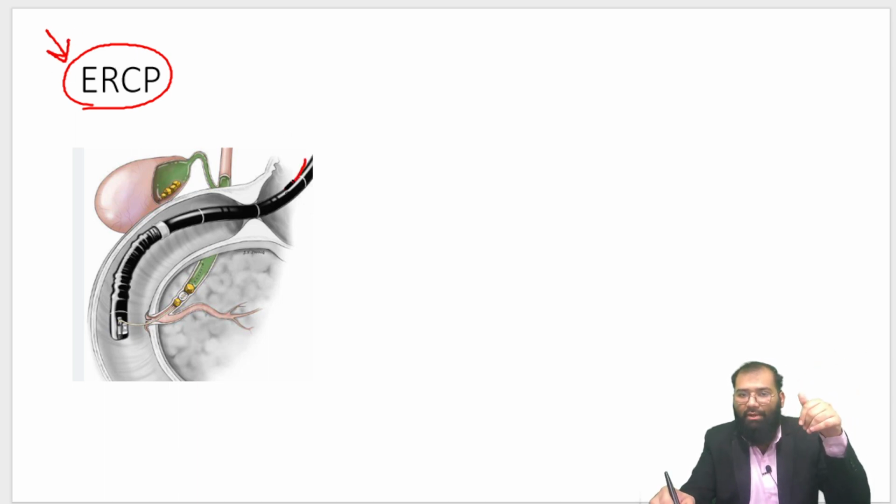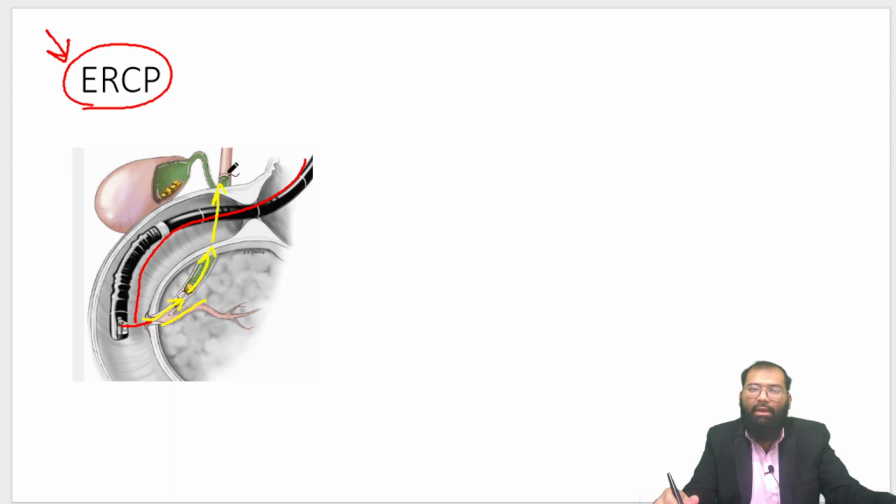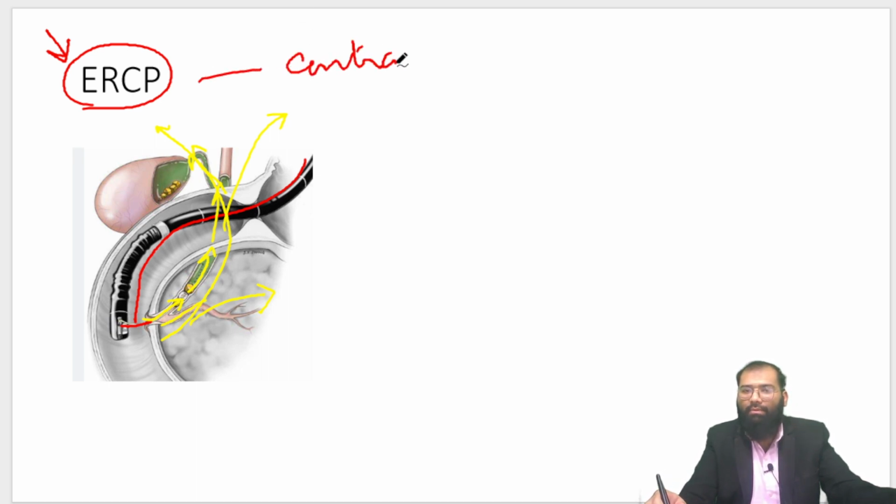So, you have to insert an endoscope, you have to get till the major duodenal papilla, then you have to put a side port, and then through that you have to put dye inside and image the pancreatico-biliary system retrogradely, that is from down towards the liver, and that is why this is called retrograde cholangiopancreaticography.